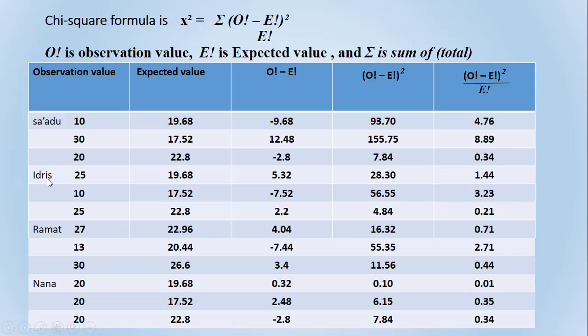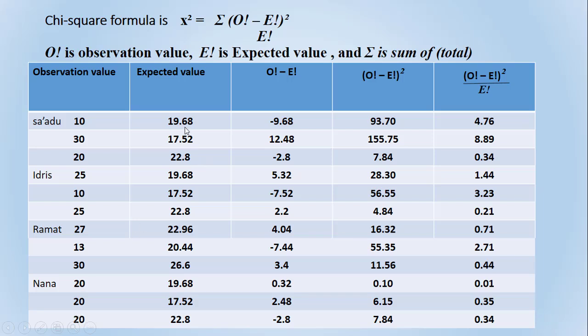Also Idris Garba, the adequate is 25, the undecided is 10, while the inadequate is 25. Then Ramat, adequate is 27, undecided 13, inadequate 30. Then Nana, adequate is 20, undecided 20, inadequate 20.